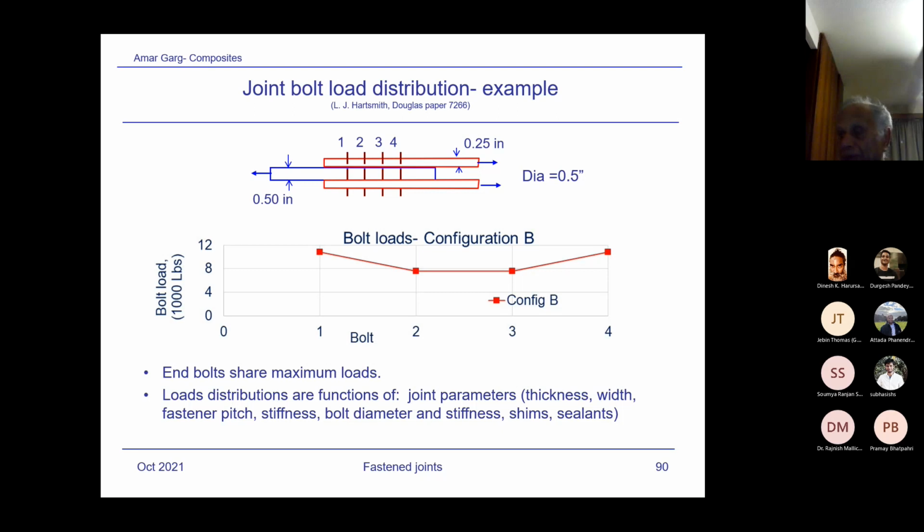So one has to be very cautious, and this is why in composites this phenomenon is very important to be considered. Those of you who are going to join the industry and have to deal with joints, just remember one thing: fastener loads are not distributed equally in composites.